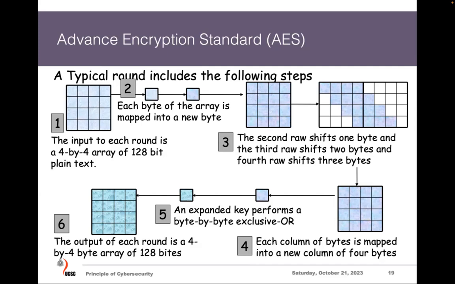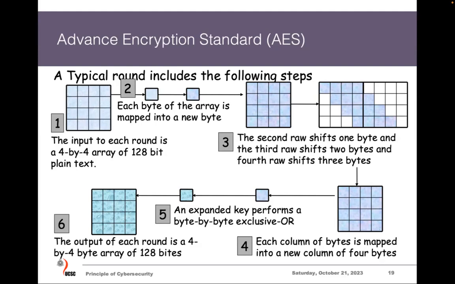That means 4 multiplied by 4, 16 bytes, so the block size is 128 bits. So we must have 16 bytes organized into the 4 by 4 matrix to start the encryption cycle in AES.